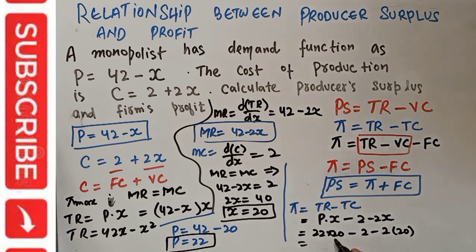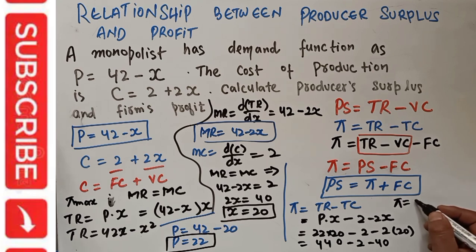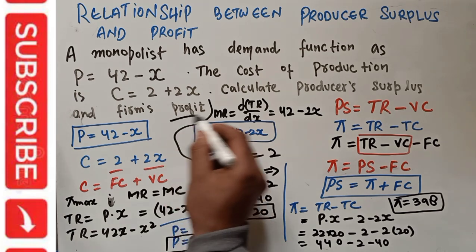Solving this, 22 times 20 is 440, then we have minus 2 minus 40, which implies profit will be equal to 440 minus 42, this is 398. So profit comes out to be 398.